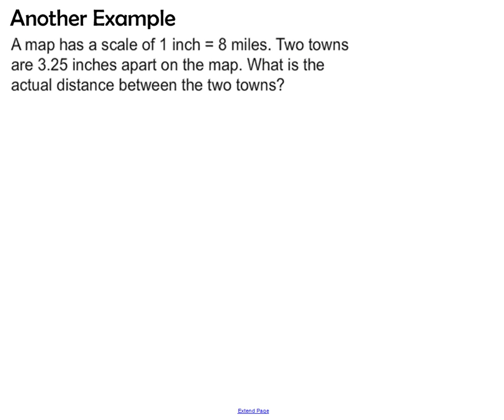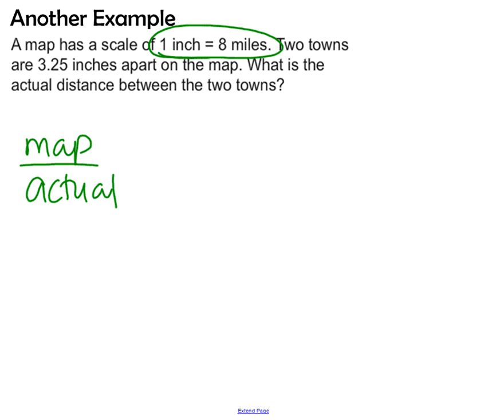Here's a second example for you. A map has a scale of 1 inch equals 8 miles. Two towns are 3.25 inches apart on the map. What is the actual distance between the two towns? Okay, so we're going to set up our ratios, map over actual. So here is our scale that it gives us.